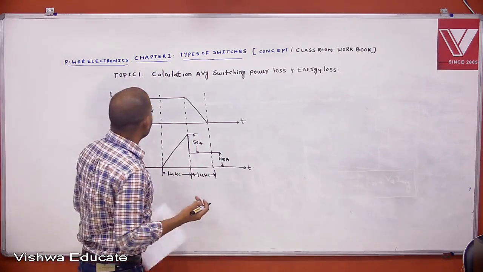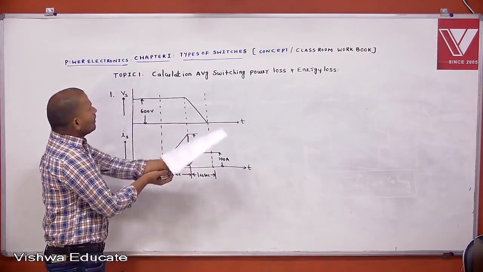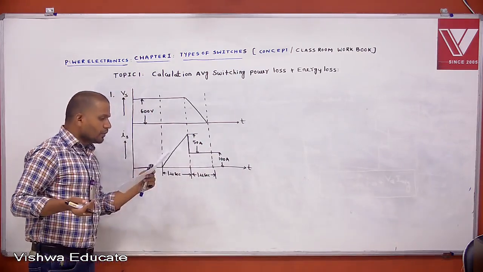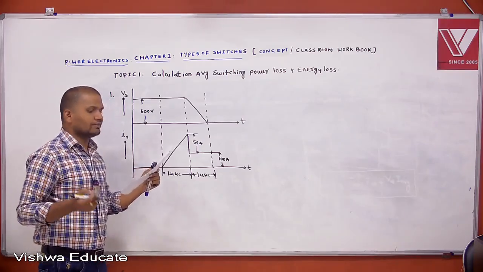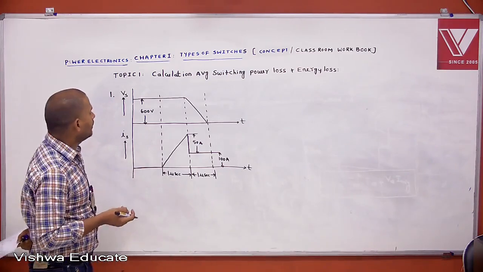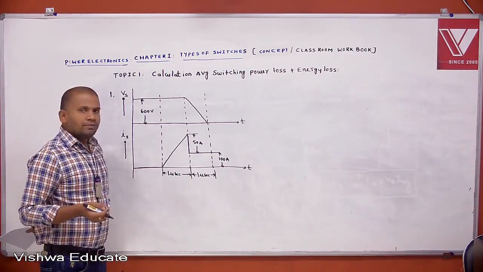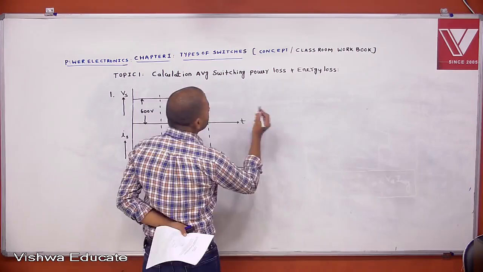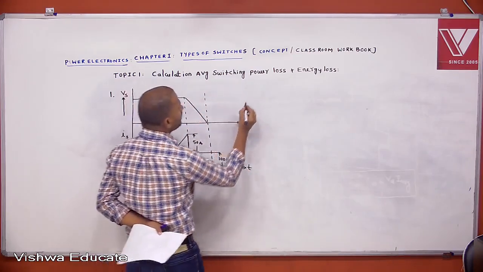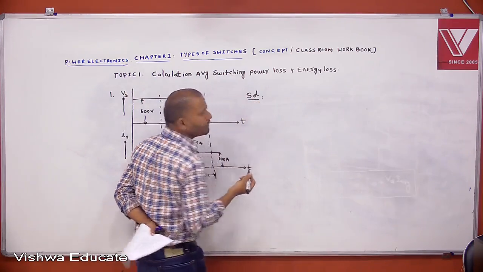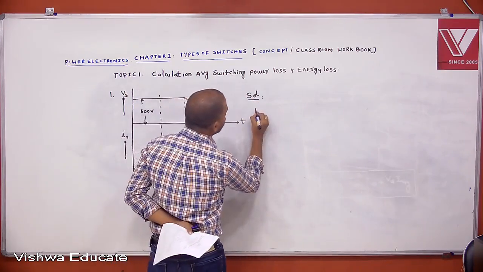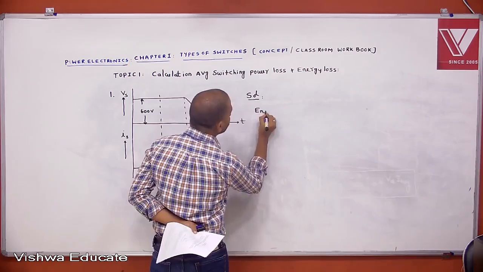Then we calculate the energy dissipated during turn-on transition in millijoules. What is the solution for this problem? We calculate energy during turn-on transition.